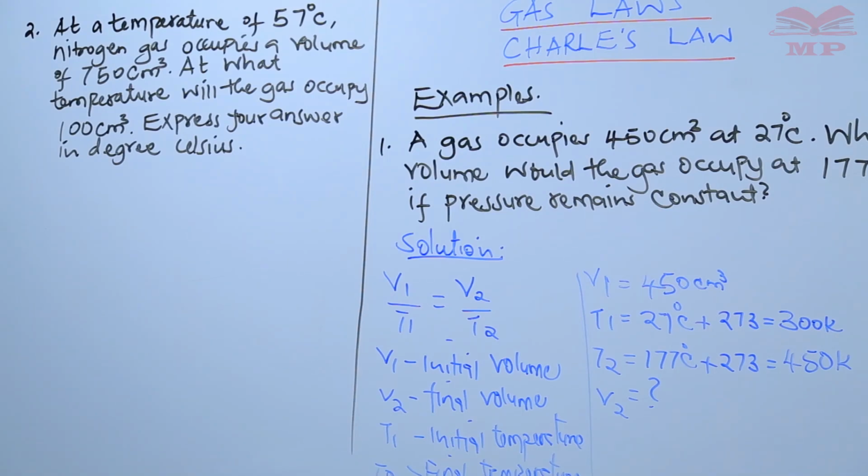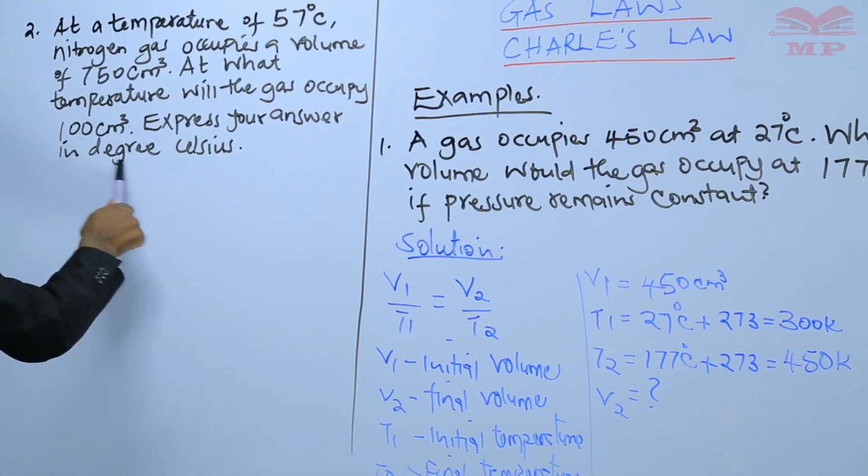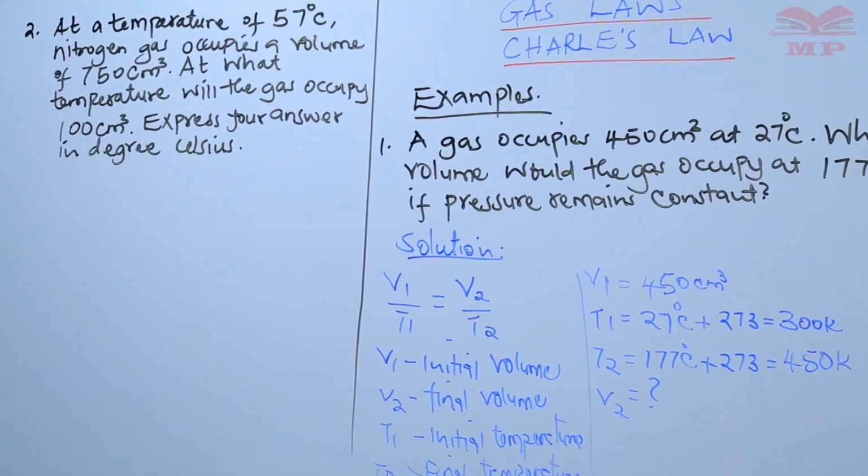At a temperature of 57 degrees Celsius, nitrogen gas occupies a volume of 750 centimeters cubed. At what temperature will the gas occupy 100 centimeters cubed? Then you're told, express your answer in degrees Celsius.